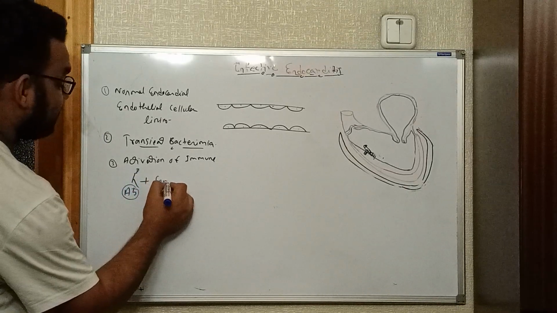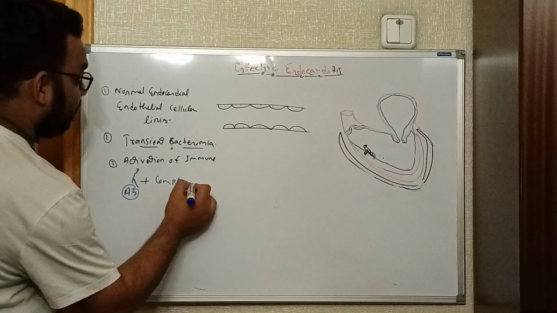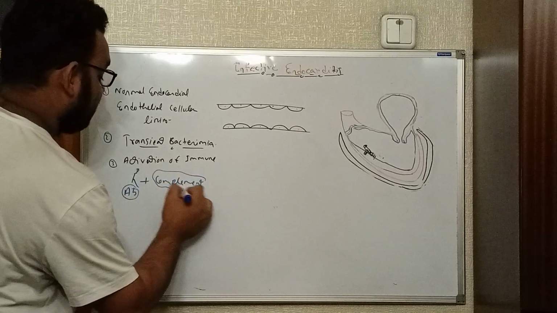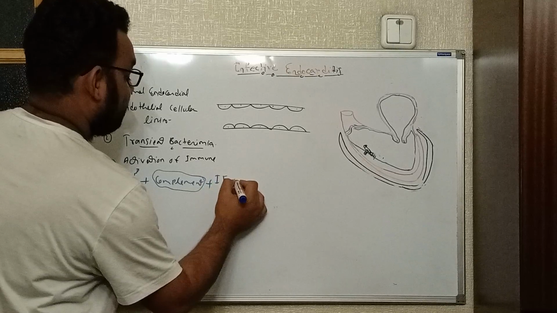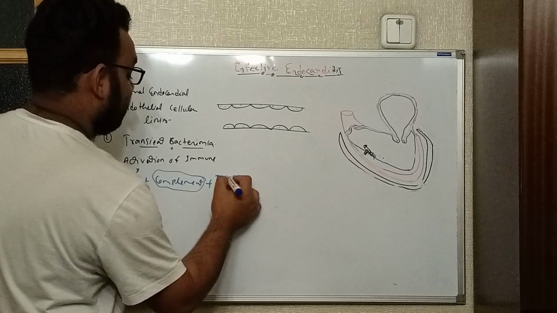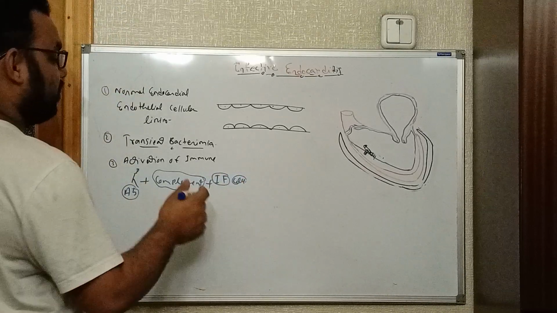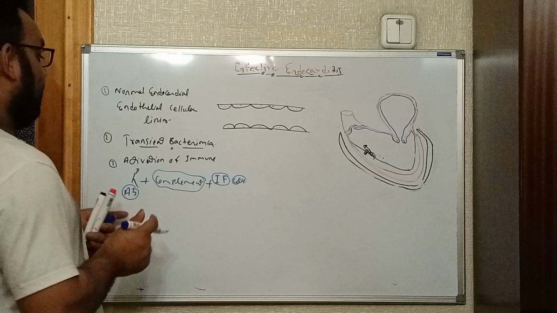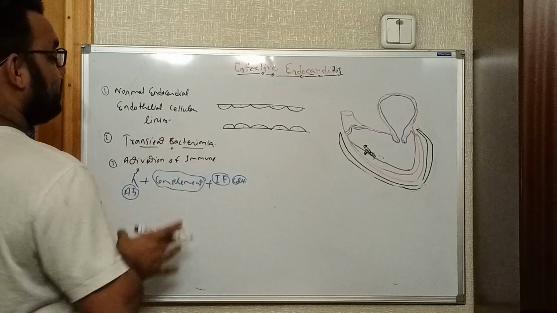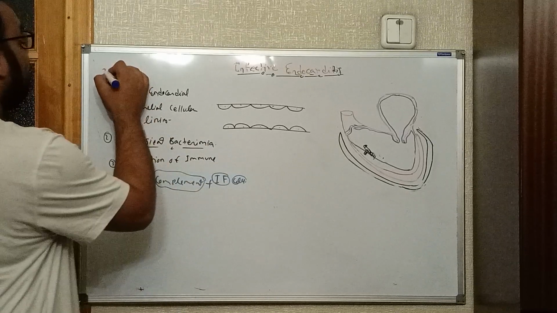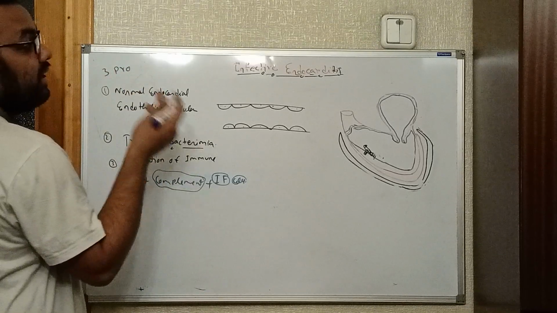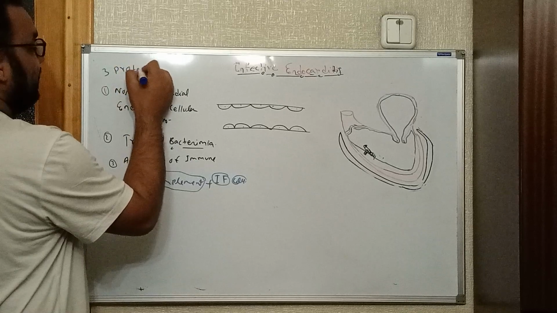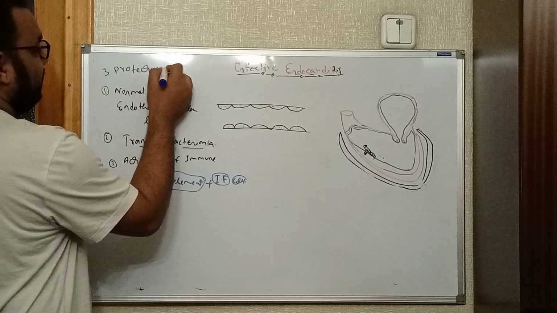Then we'll see the complement system. After that we'll see the different types of inflammatory cells, like neutrophils and monocyte macrophages. They will come over here and try to neutralize the situation. So these three are the protective factors that will not lead to infective endocarditis. I'm writing protective factors over here.